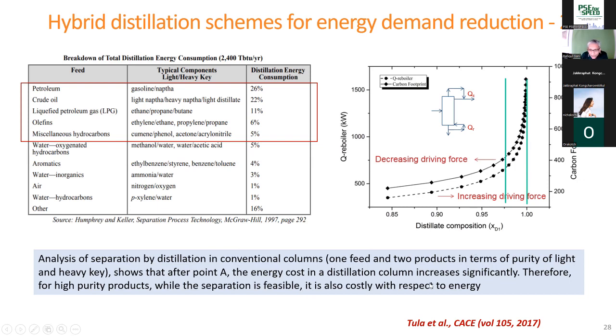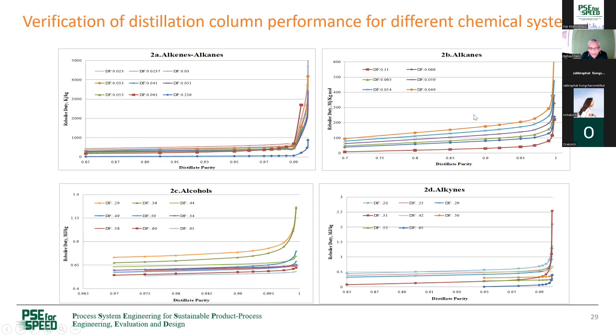By analysis, we have found out that simple columns, like one feed and two products, with purity defined by the light key and heavy key, always show this behavior. So here are alkane separations, alkane separations, alcohol separations, alkene separations. They all show the same thing.